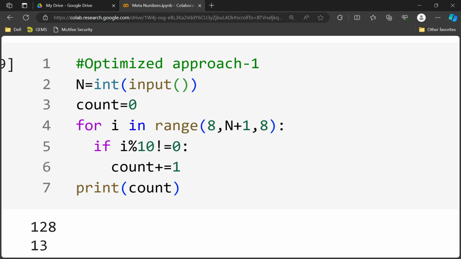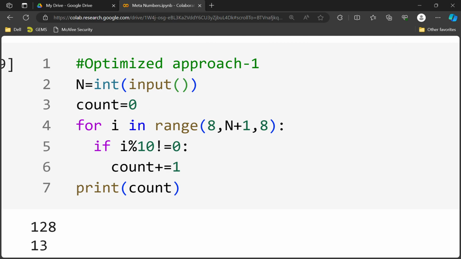Let me take the LCM of 1, 2, 4 and 8. The LCM of 1, 2, 4 and 8 is 8. So if I have to check any number that is divisible by all these numbers, obviously that should be divisible by 8. That's why I am considering the increment of 8 for each iteration.